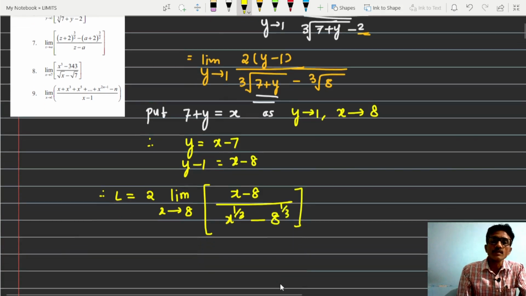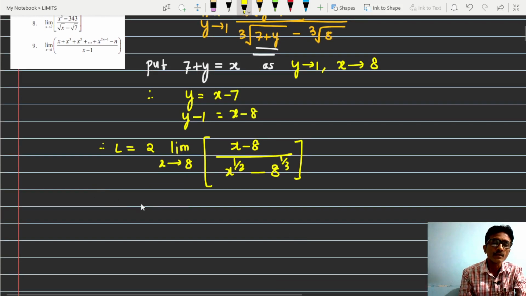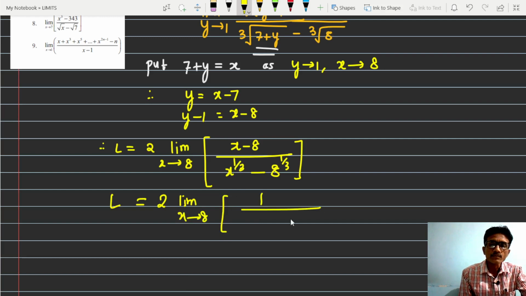So we can write L is equal to 2 times limit x tends to 8 of (x minus 8) upon (x raised to power 1 by 3 minus 8 raised to power 1 by 3). The x minus 8 from the numerator we can write in the denominator.